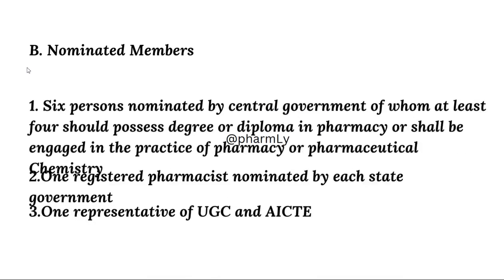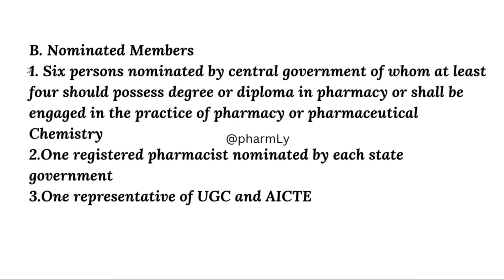Second is the nominated members. In nominated members, 6 members are again nominated by the central government, of whom at least 4 should possess the degree or diploma in pharmacy or shall be engaged in the practice of pharmacy or pharmaceutical chemistry.